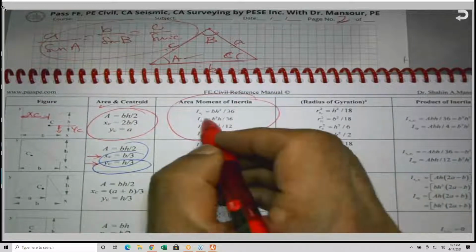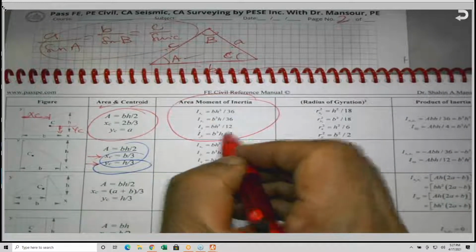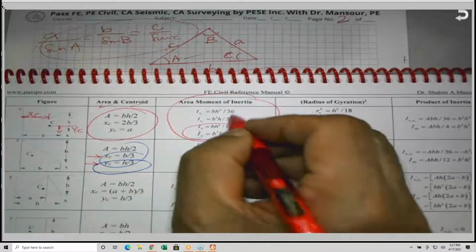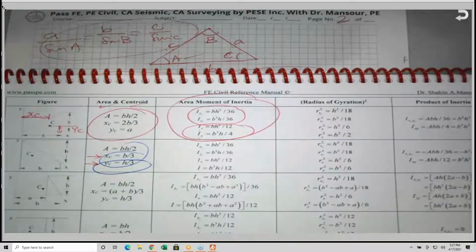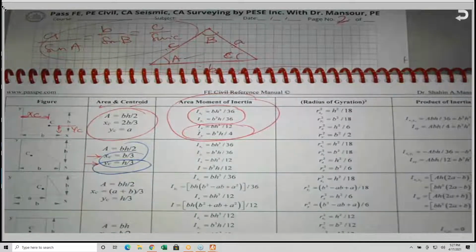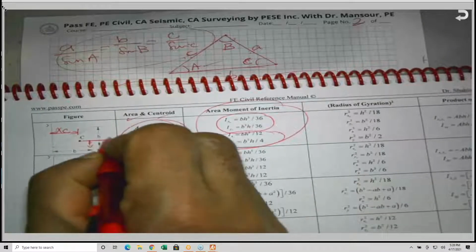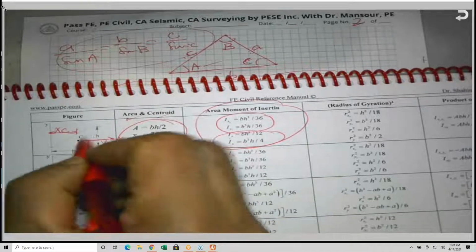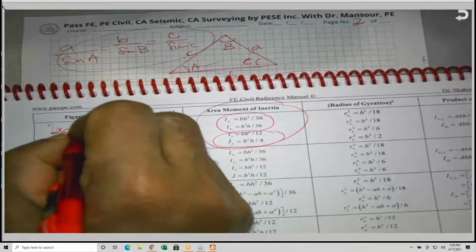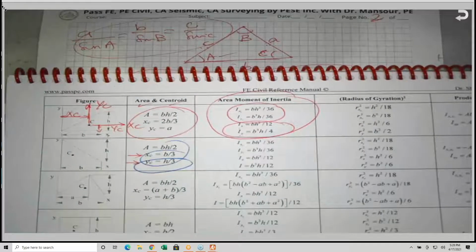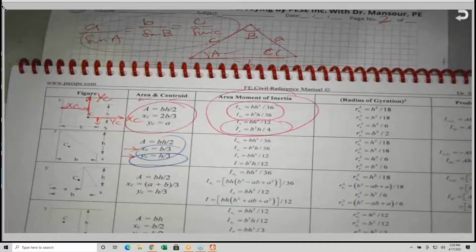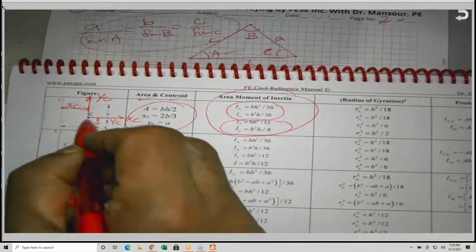If you go to the second column, you will find that we have IX, IY, but also IXC and IYC. So the X and the Y as shown, and the XC and YC like this. So the XC and YC, we call them centroidal axes, the two axes that go through the centroid.